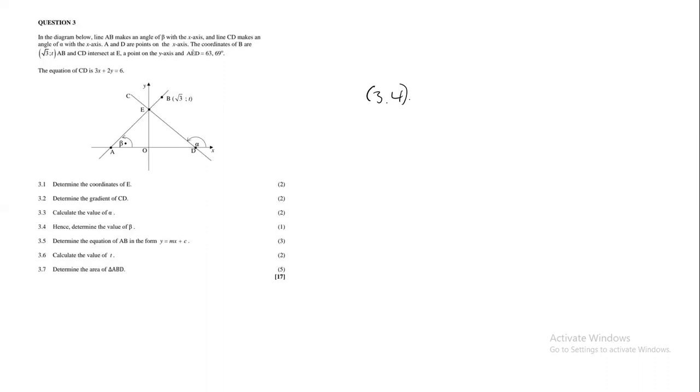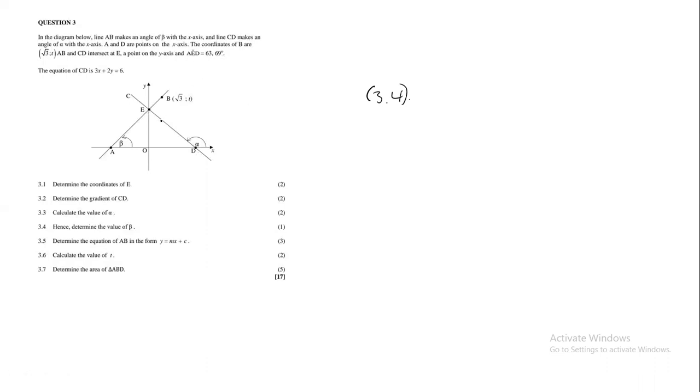So now this is what is happening. I want you to take note of triangle AED. Triangle A, E, D. Remember from the information, we were given that angle AED is equal to 63,69 degrees.